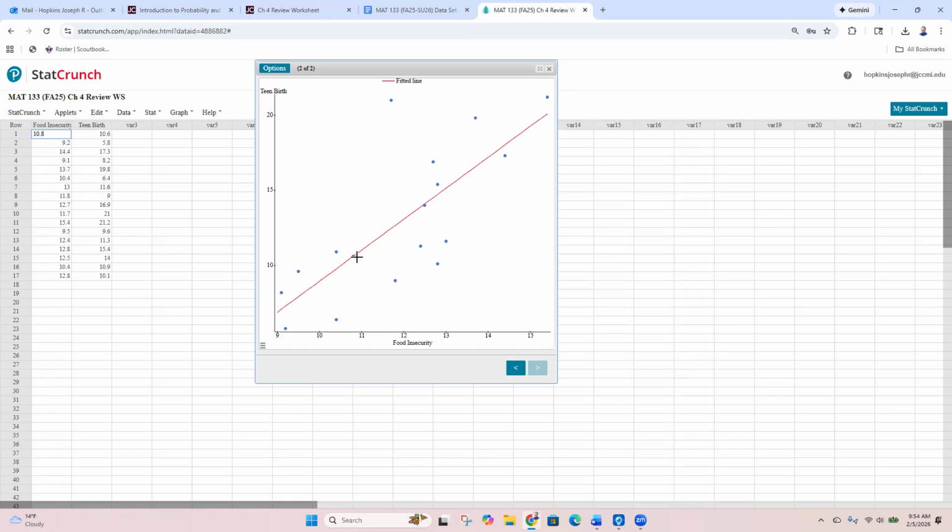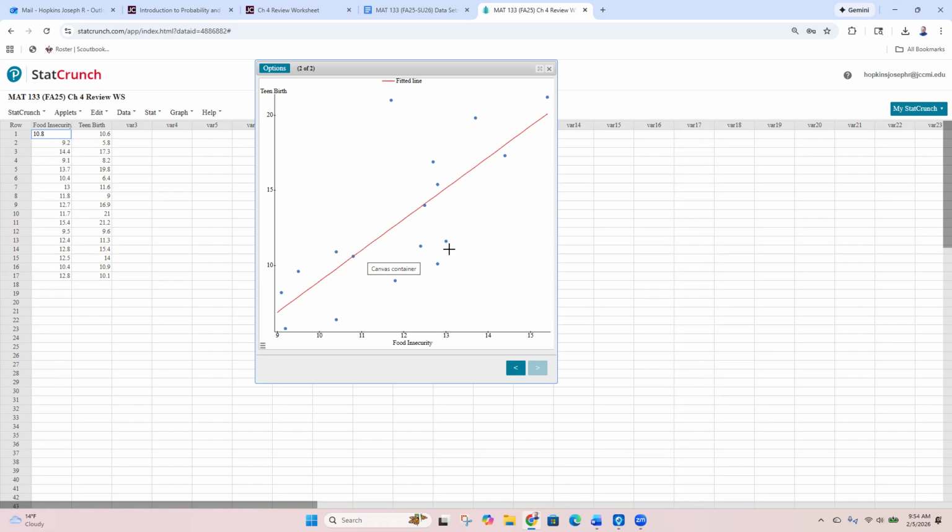What's happening in the background in StatCrunch is it's finding the line that minimizes how far away the dots are from the line. So this dot, for example, is right on the line. That's perfect. This dot is maybe an inch away from the line, and you would calculate that distance. It's not measured in inches, but the point is you want your dots to be as close to the line as possible.